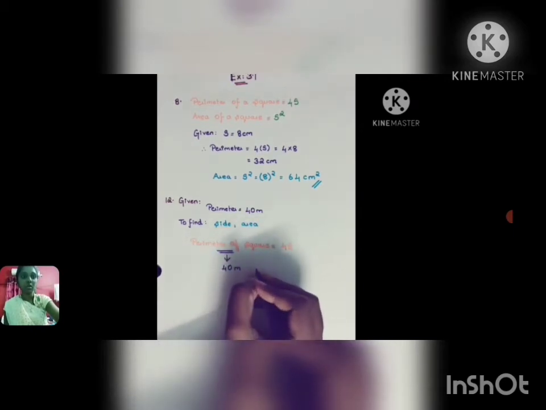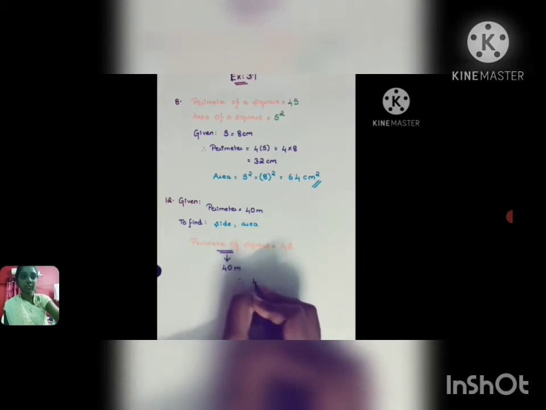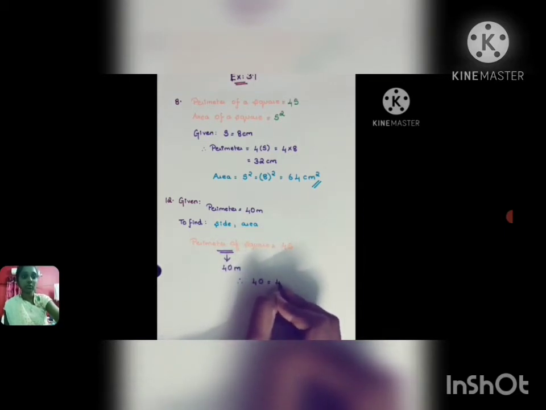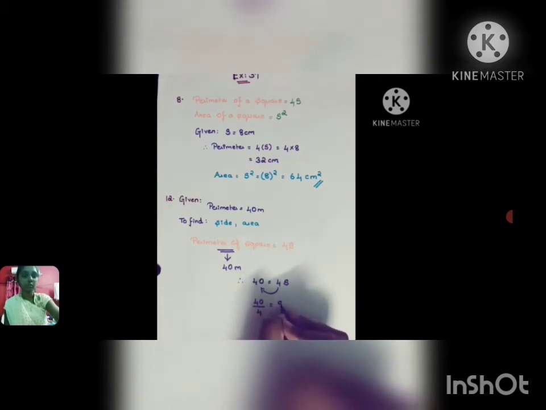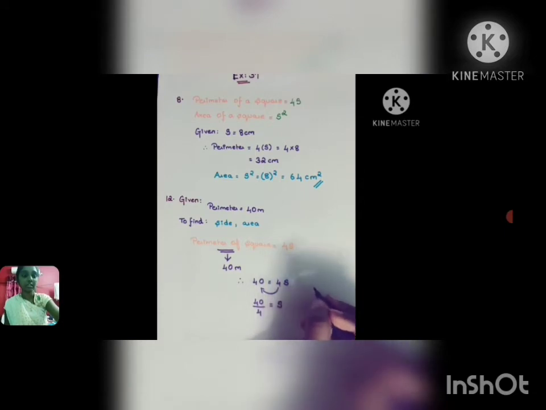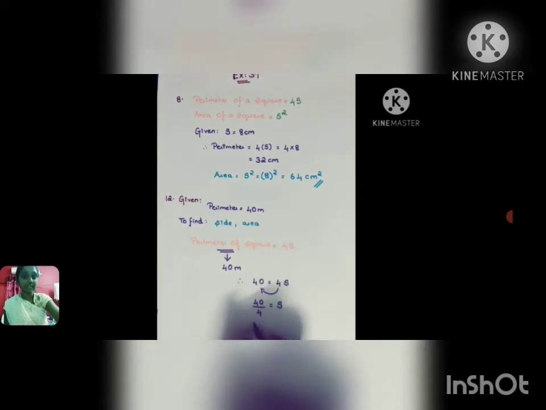Therefore, we can write 40 is equal to 4s, that is 4 times the side of the square. 4 is on the numerator, so while coming to the other side, 4 will go to the denominator. That is 40 by 4 is equal to s. Dividing 40 by 4, we get 10.